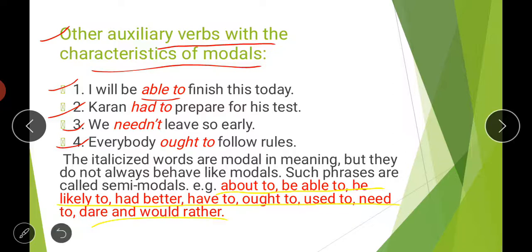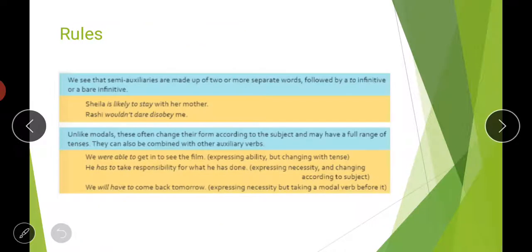All these words are your semi-modals, or modals having a meaning like modals. So they behave like modals.